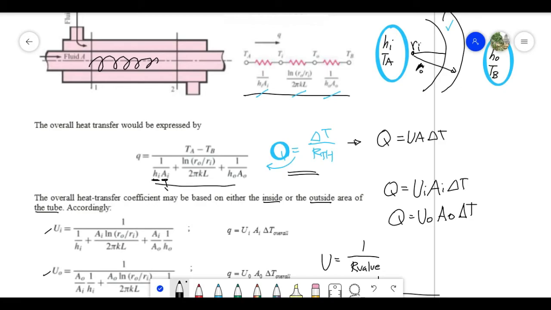Ang area mo dyan is 2 pi RL, wherein yung I na gagamitin mo is of course inside, kaya AI rin yung nakalagay inside. Pagdating naman dito, AO, ang area natin syempre magiging 2 pi RO, yung outside radius times L. Kaya AO, area O yung ginamit natin. Okay? Huwag po tayo malilito doon.